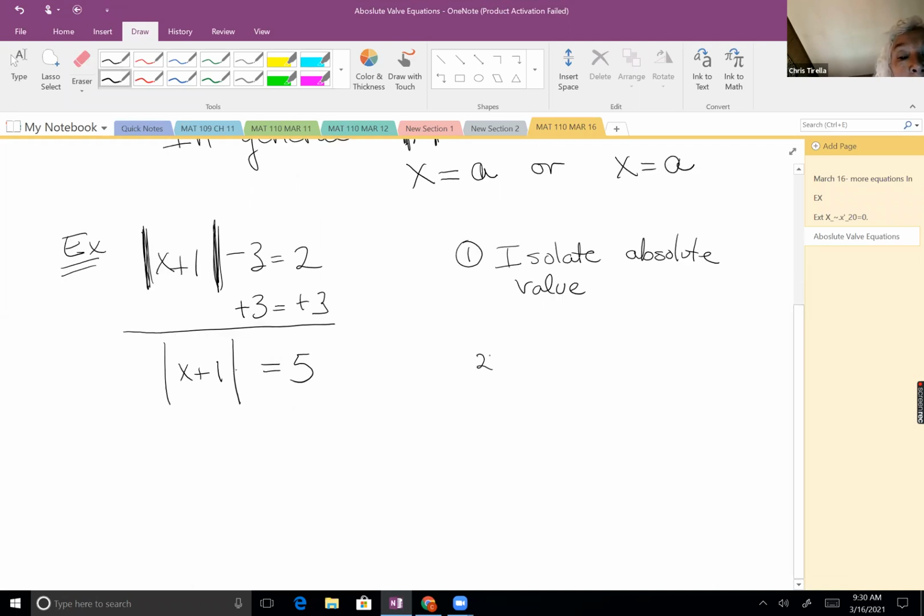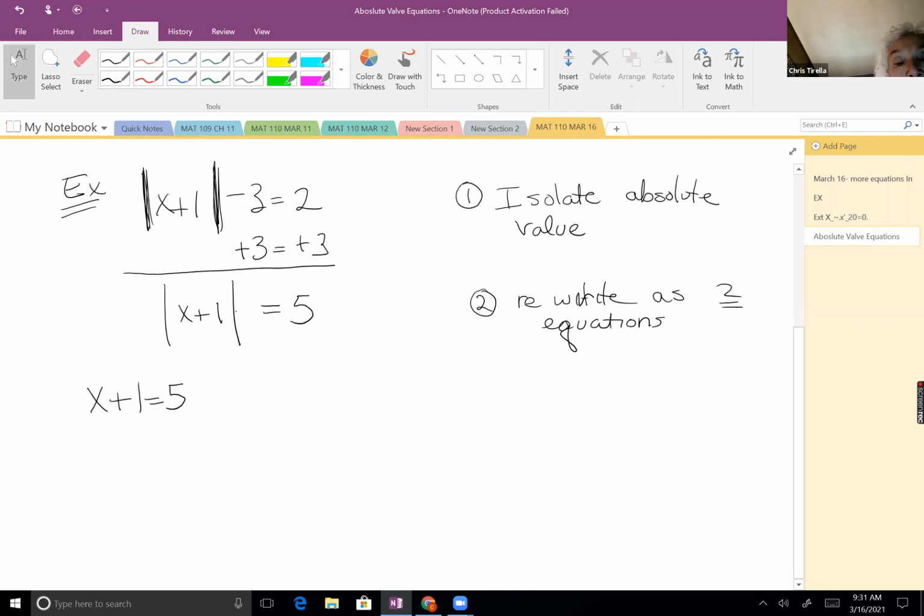Now that the absolute value bars are all alone, we're going to rewrite as 2 equations. In the first equation, I'm just going to get rid of the absolute value bars. The absolute value of x plus 1 is 5.